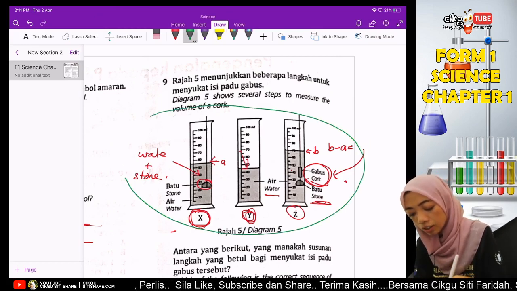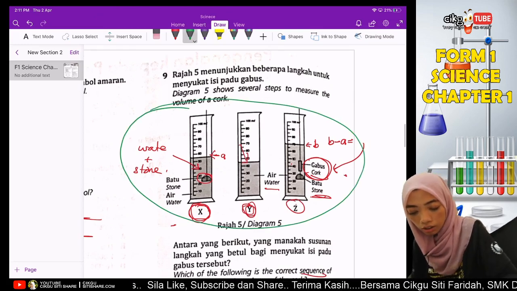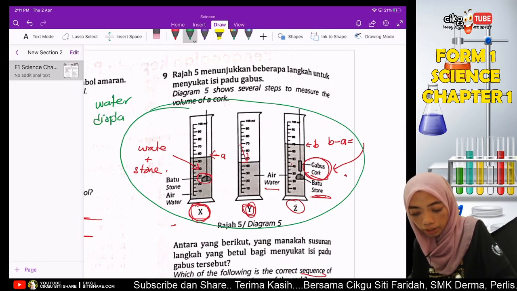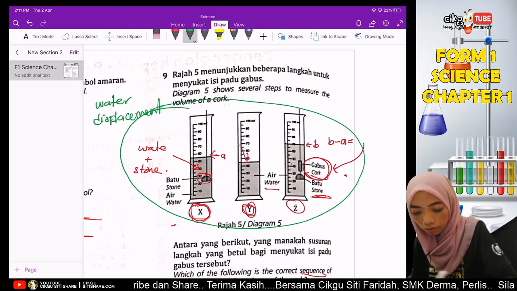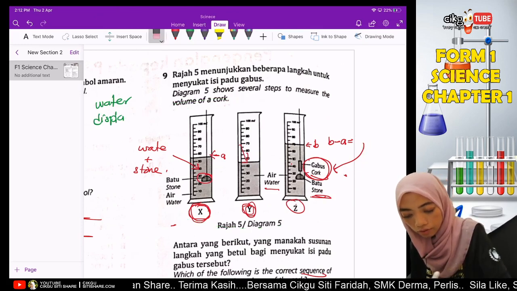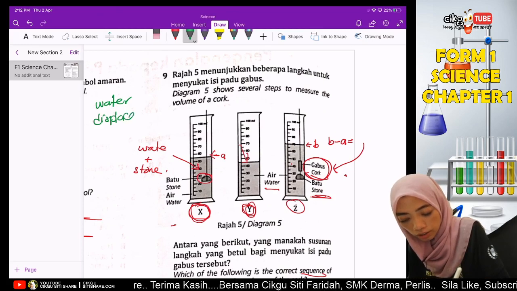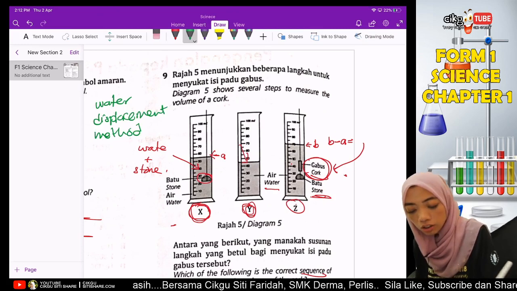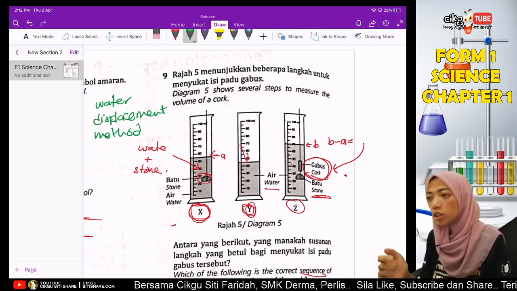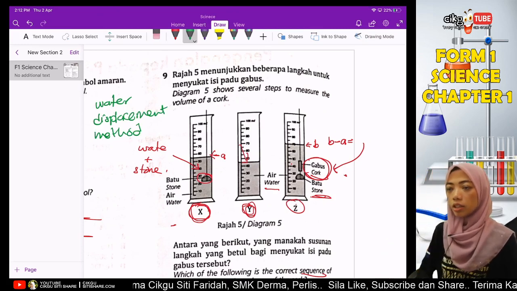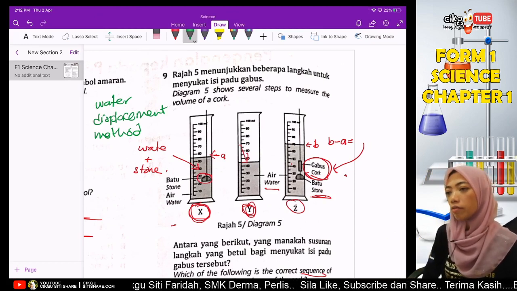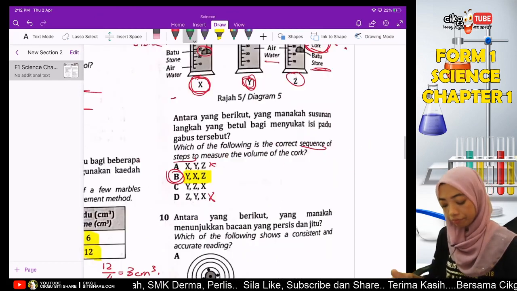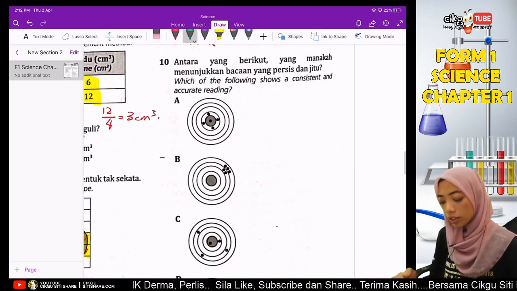This method we call the water displacement method, because we displace the water with what we will measure. Okay, water displacement method. Okay, next question number 10.